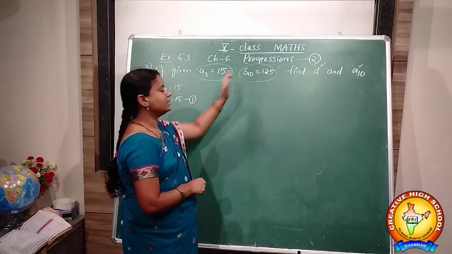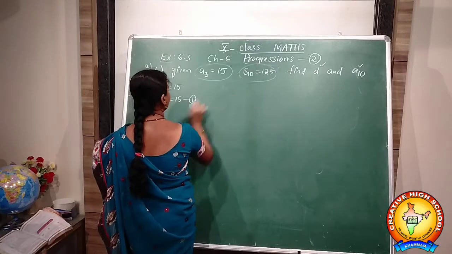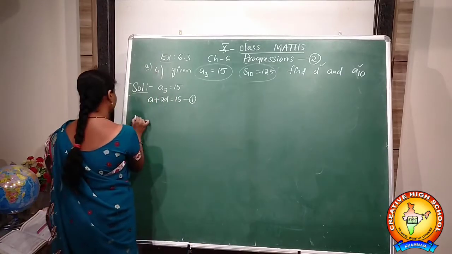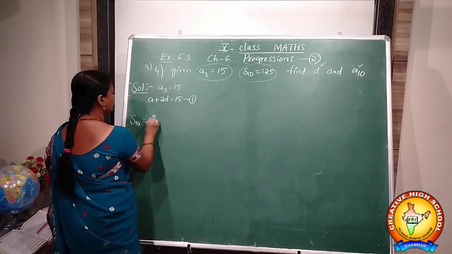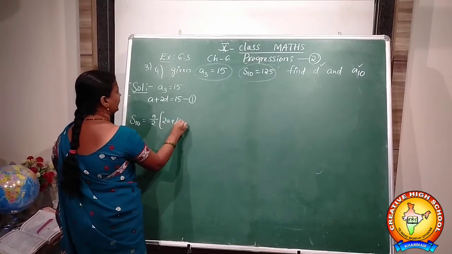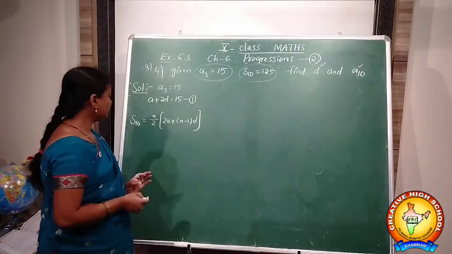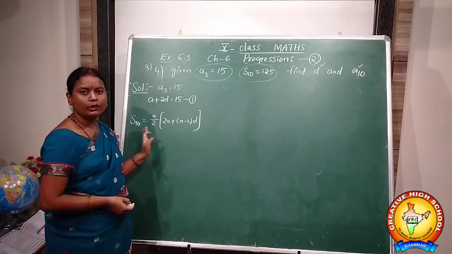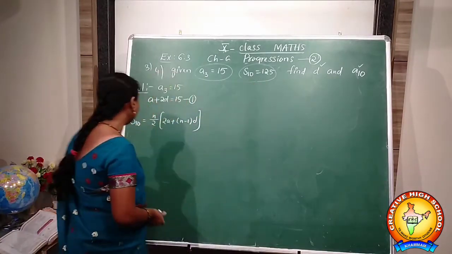Now let us use this one, S10. So S10 is equal to, what is the formula? That is n by 2 into 2a plus n minus 1 into d. Yes. See here, S10 value is given in the question itself. That is 125.